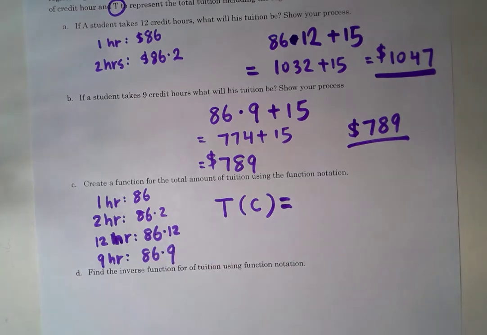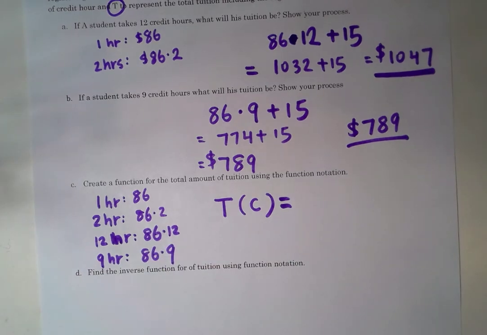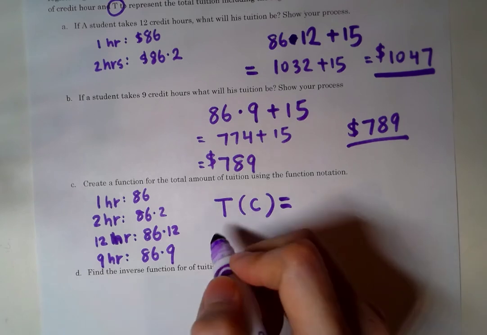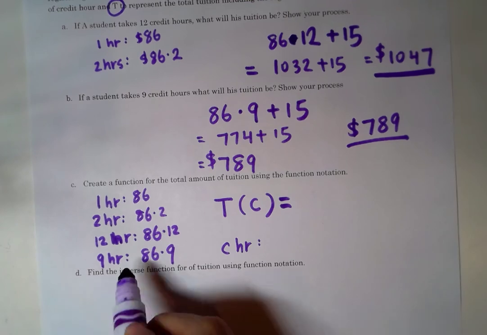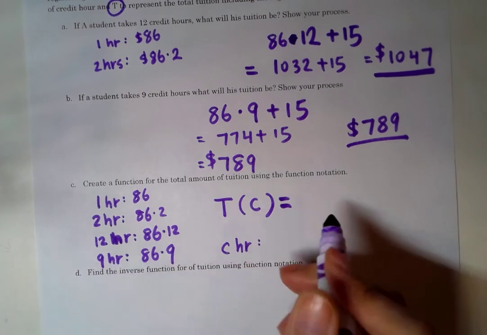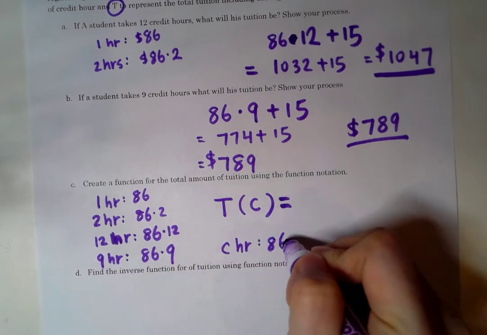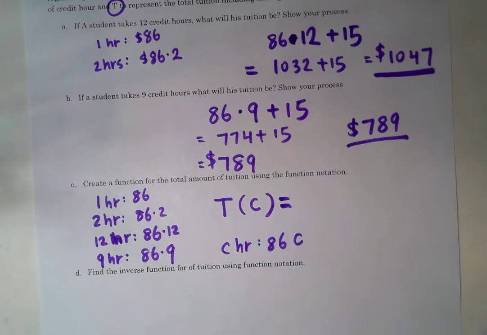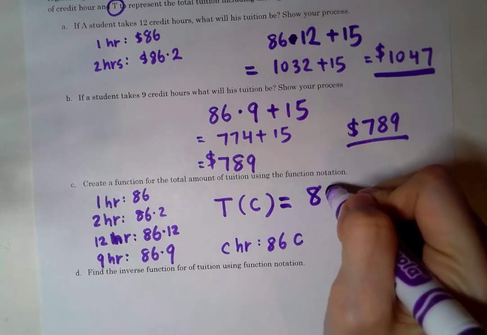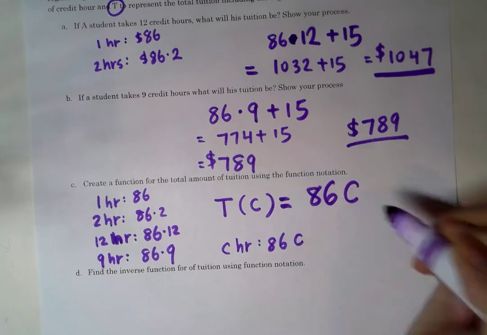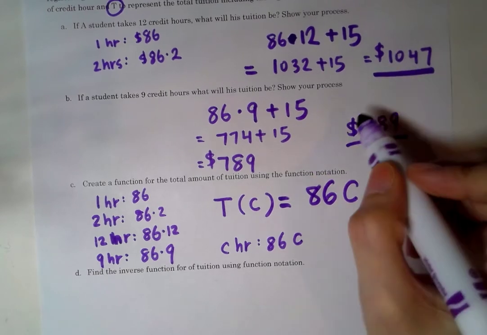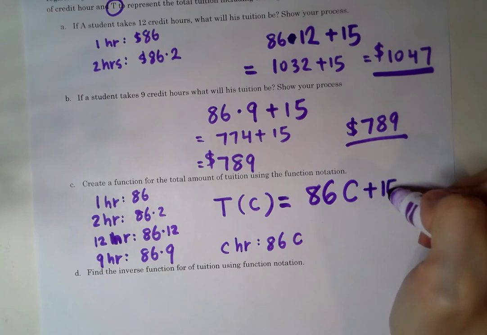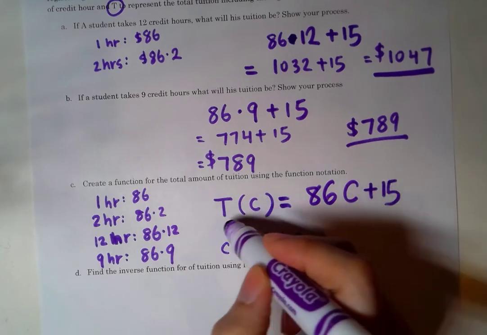What about C hours, when I don't know how much? You just multiply it by 86, so I can write 86C. And then we need to add $15. So just put 15. This is my function.